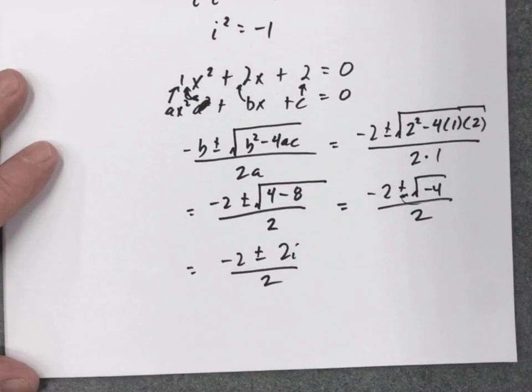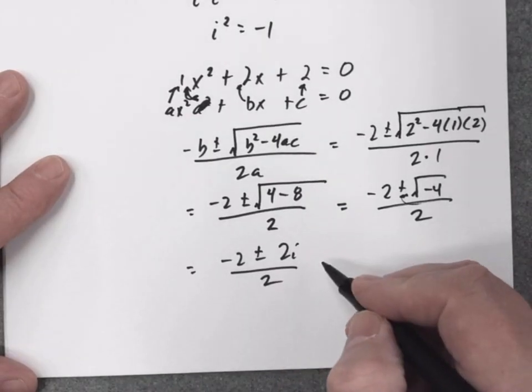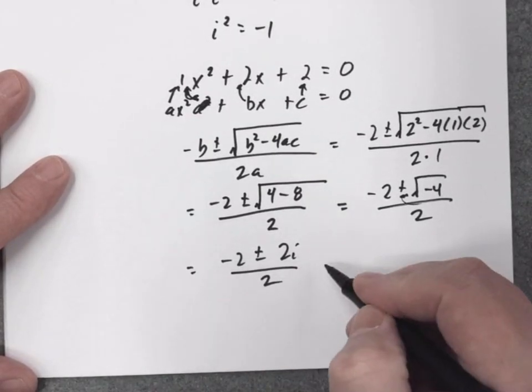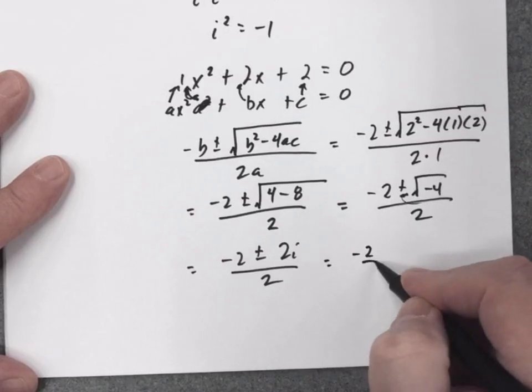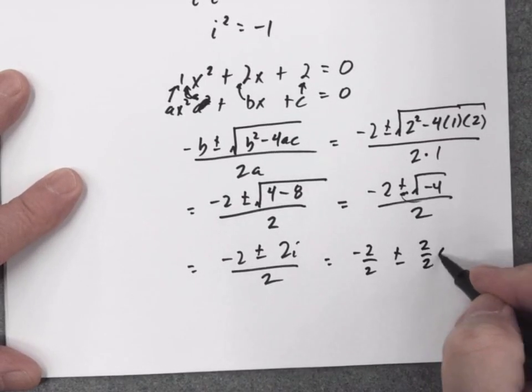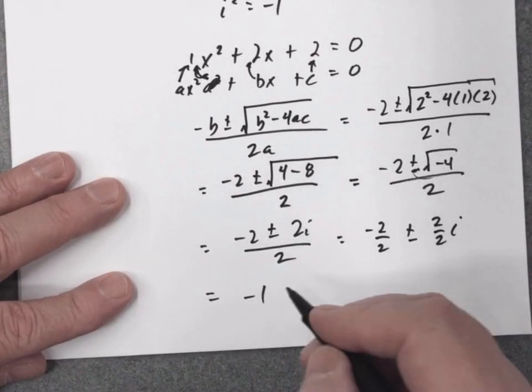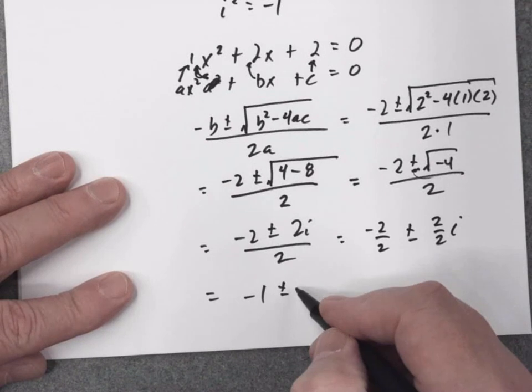And normally, with complex numbers, they like to write them in two parts, the real part and the imaginary part. So I'm going to break this up into two fractions, -2 over 2 plus or minus 2i over 2, which simplifies down to -1 plus or minus i.